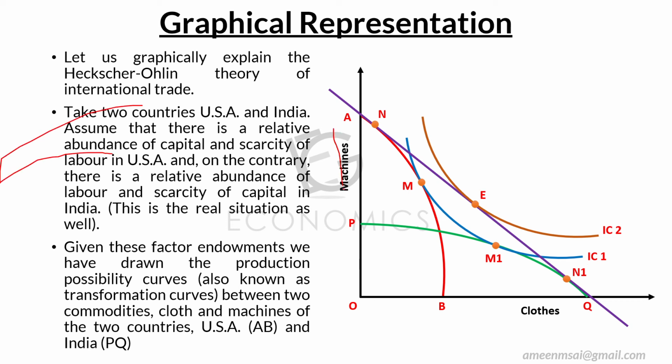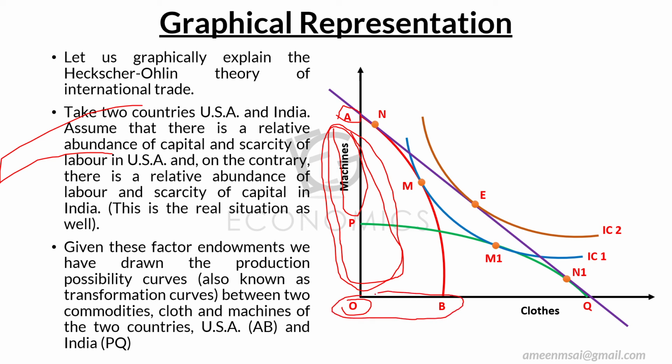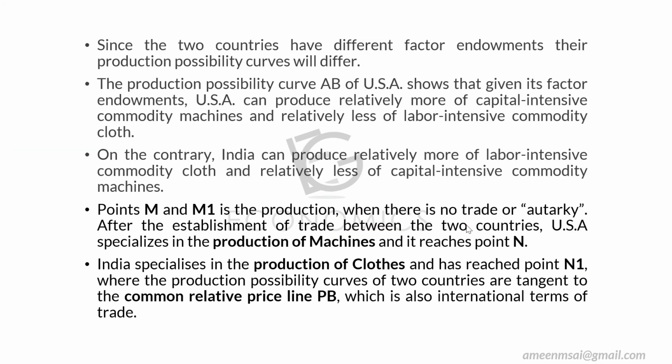As we can see here, USA produces more machines, that is OA. But it can produce clothes only up to OB, which is less in amount. When it comes to India, that is PQ, India can produce OQ amount of clothes, but it can only produce OP amount of machines. That's how it goes.